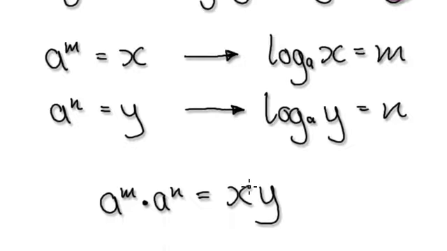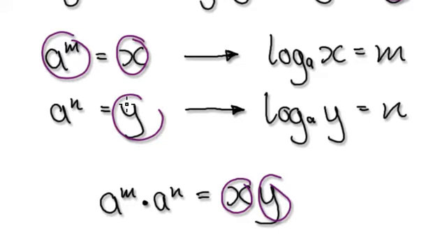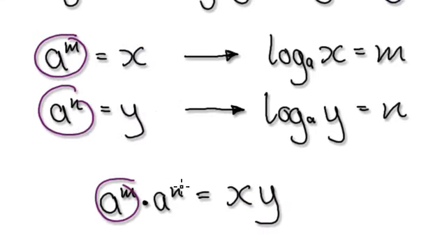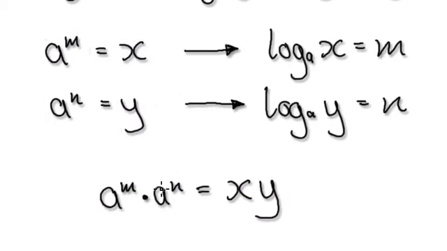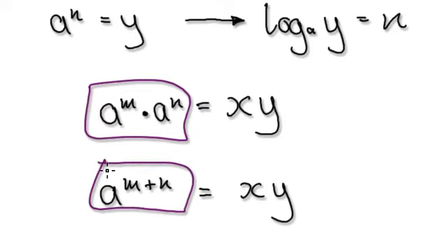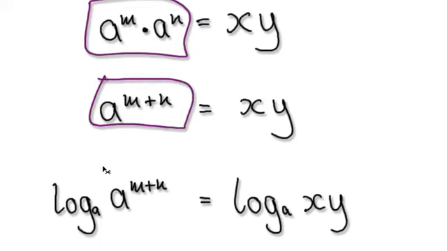Because x is the same as this and y is the same as this, x times y is the same as this times this. So by using laws of indices, this then will become that.